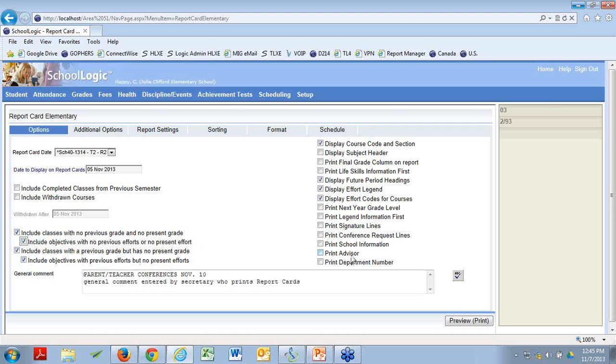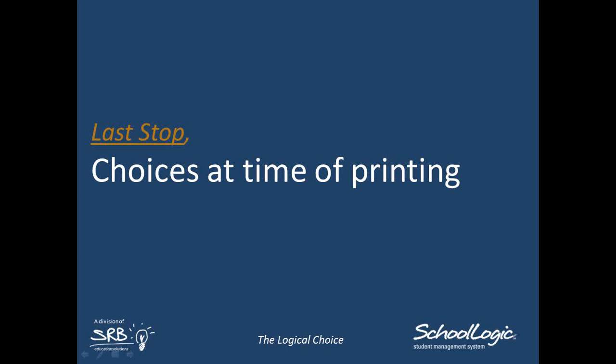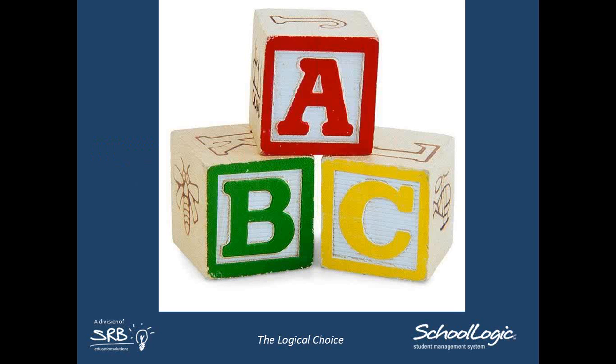And that's one of the reasons I said a minute ago, you want to start testing your report card well before you need it, okay? Because the choices that you make when you are doing the actual report card printing are huge. Give yourself time to experiment with it. Give yourself time to make sure you're really getting what you want the parents to see.